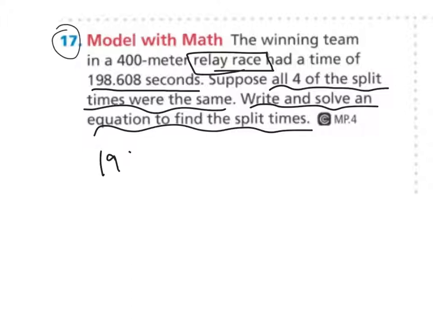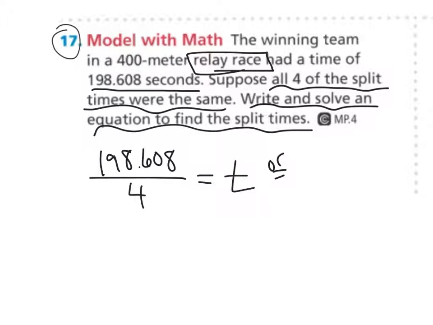So the total time was 198.608 seconds, and there were 4 runners, so you could take that divided by 4, and if you want to say equals T for time or whatever letter you want to use. Another way we could write that, we could say 4t equals 198.608.